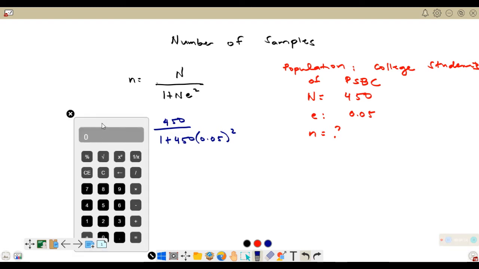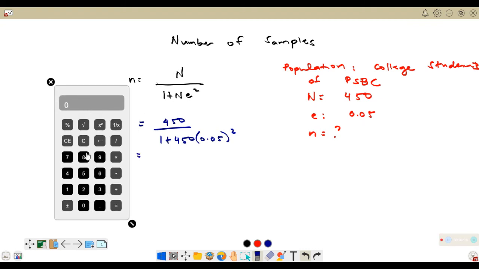So, for the denominator, we have 0.05 squared, that is 0.0025 times 450 plus 1. Okay, so that is 450 over 2.125.